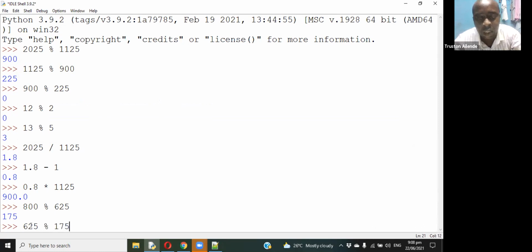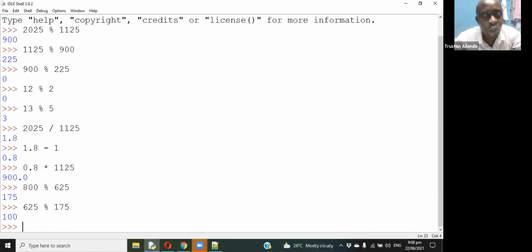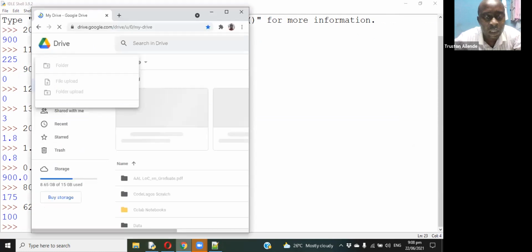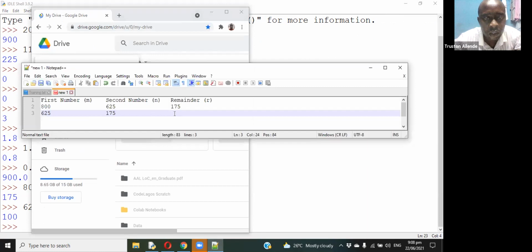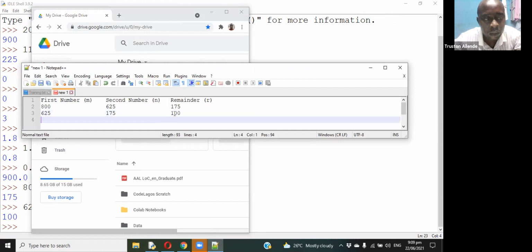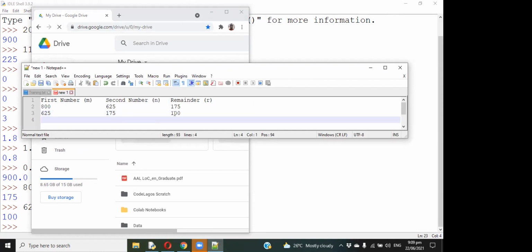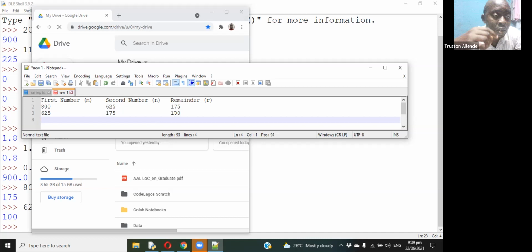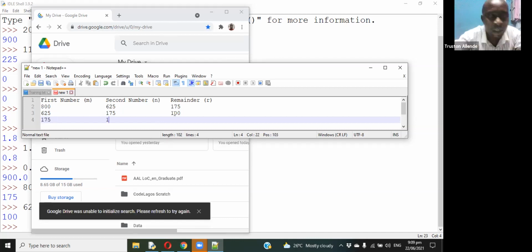The answer is 100. So in the next row, 175 modulus 100 is 75.